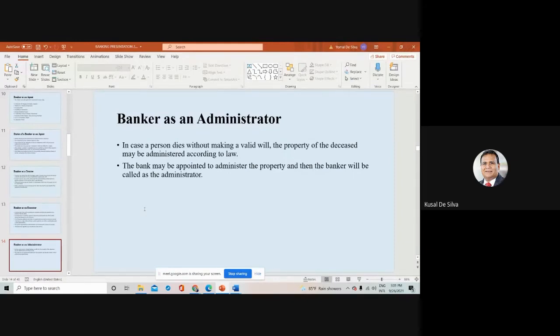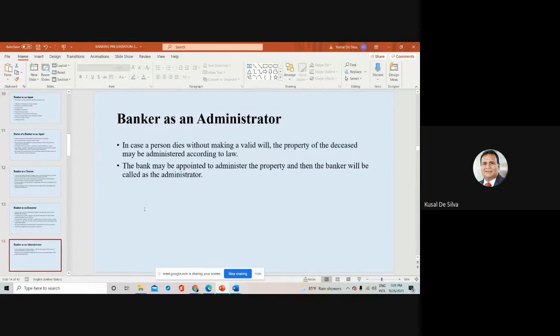If there is no last will, if anybody dies without a last will, we call it intestate. Then the dependents or the beneficiaries need to initiate a legal action in a court. Then the court will appoint an administrator to manage the property or dispose of the property.